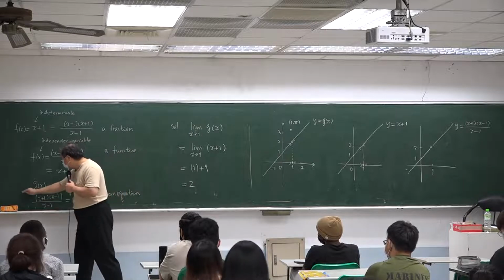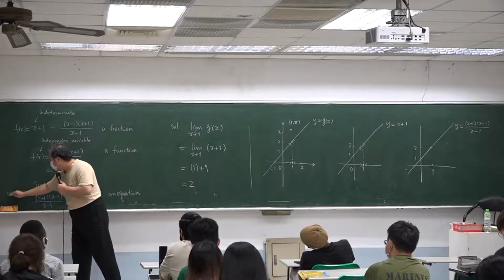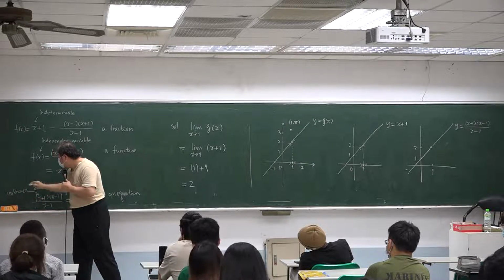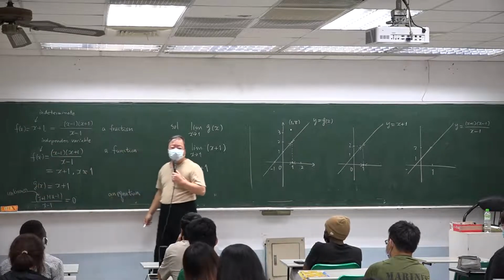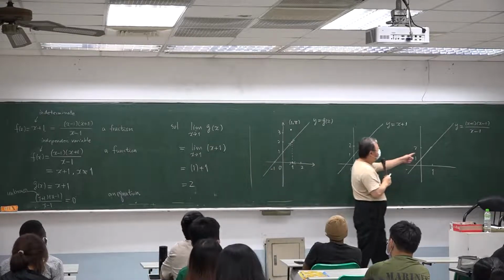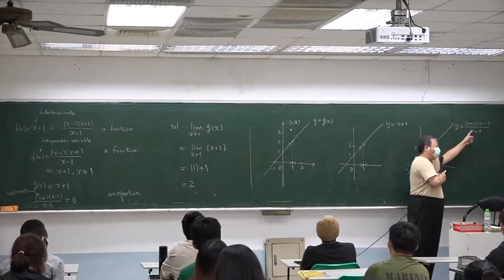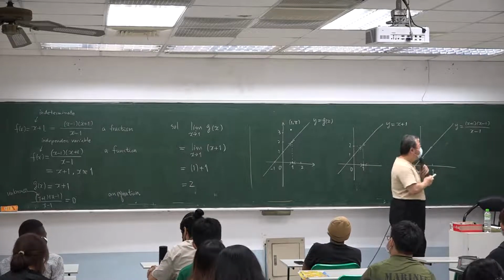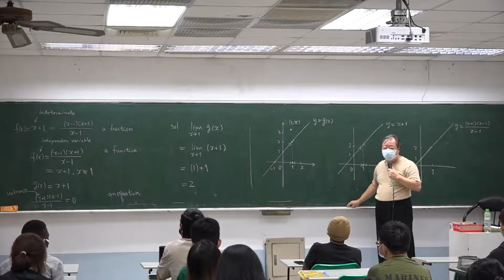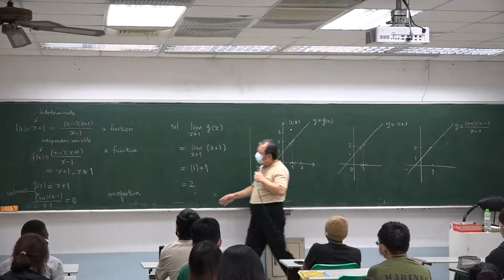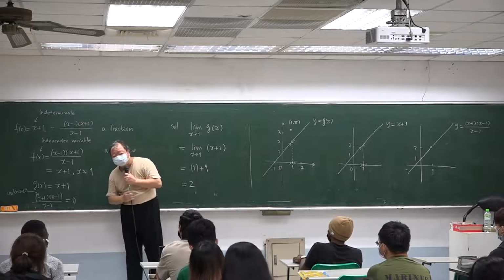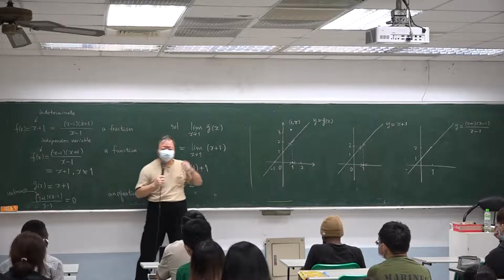In this case, we call x an unknown. So when we deal with a function, treat x as an independent variable, we cannot cancel these two factors. Otherwise, we become another function. Okay? Got it? Got it.